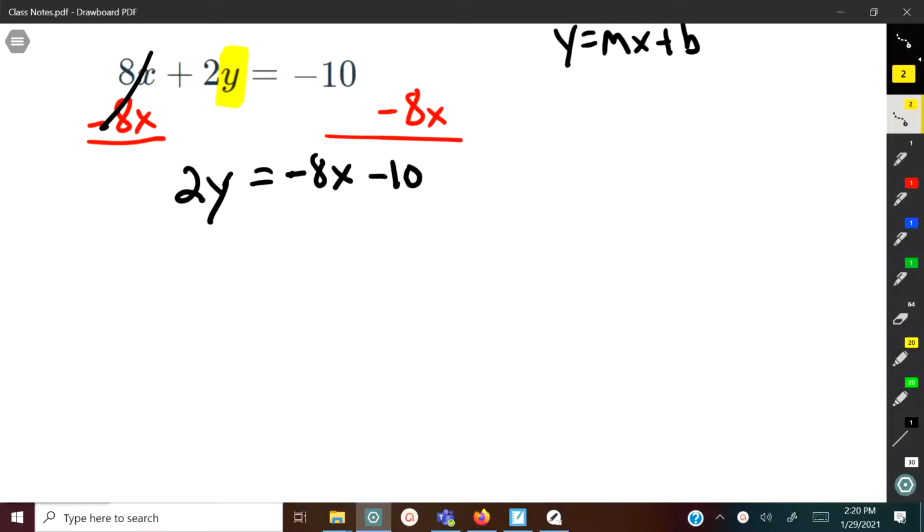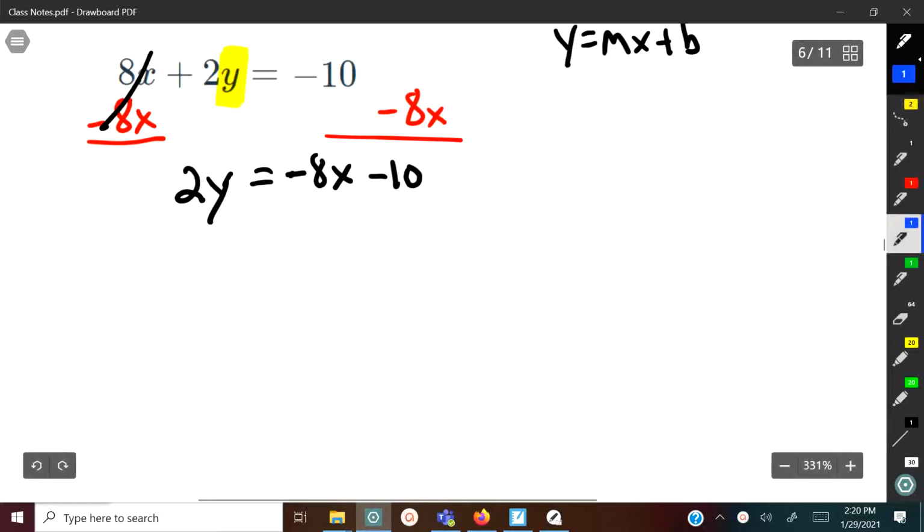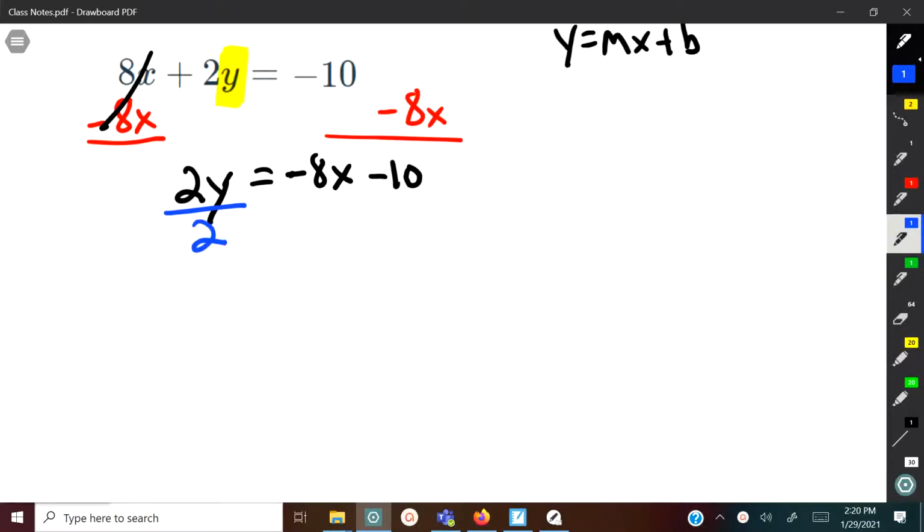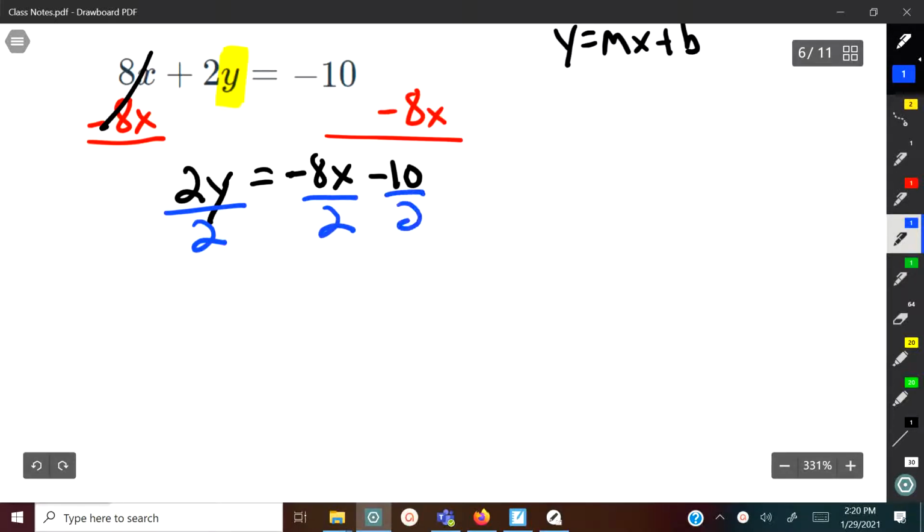Now, the next thing we want to do is solve for y. So we want to move this coefficient away from y here, which we're going to do by dividing by 2. And just like with the literal equations, you have to do it to everything over here. So I'm going to divide by 2 on all of this. The 2's cancel out, and I'm left with y is equal to negative 8 over 2x and negative 10 over 2.